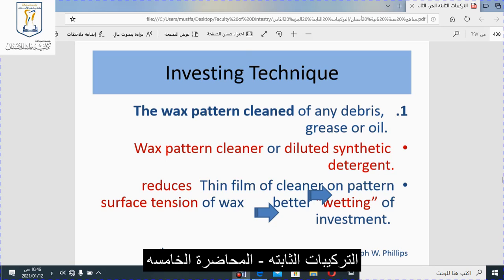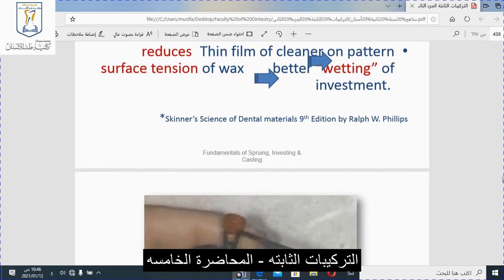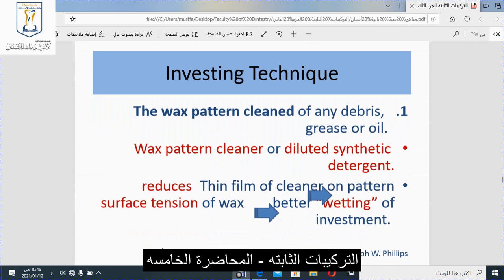The cleaner or lubricant will reduce the surface tension and increase the surface energy. The cleaner we use is not thick; it is a wax lubricant, a thin, diluted solution. It increases the surface energy and decreases the surface tension to make the wax compatible with the investing material, so that the investment material wets the wax.